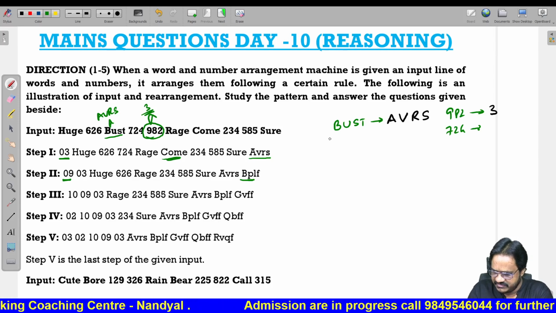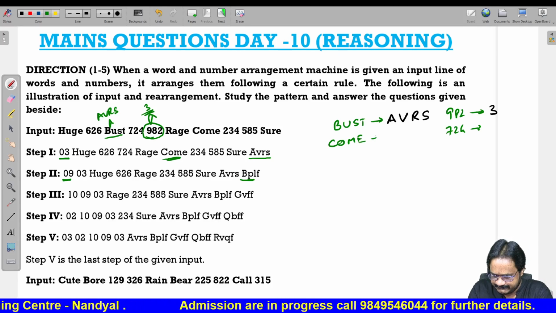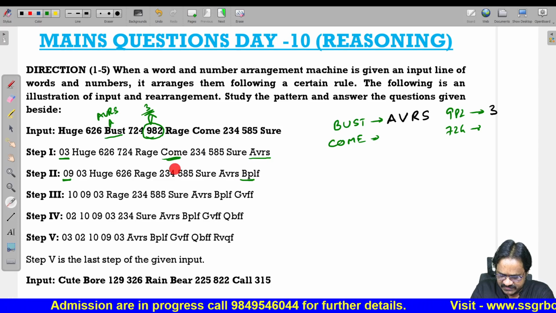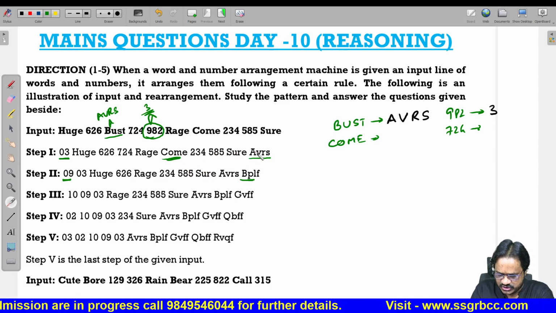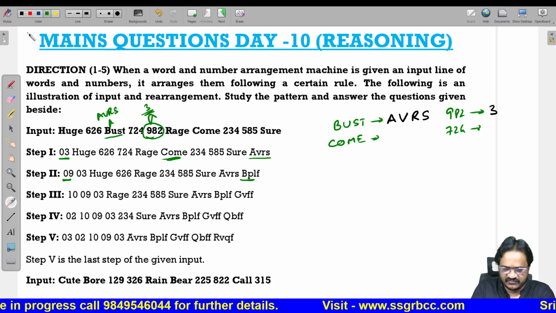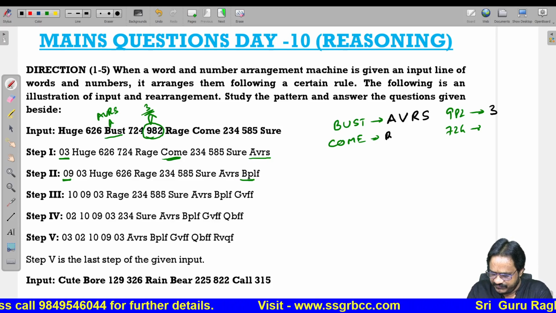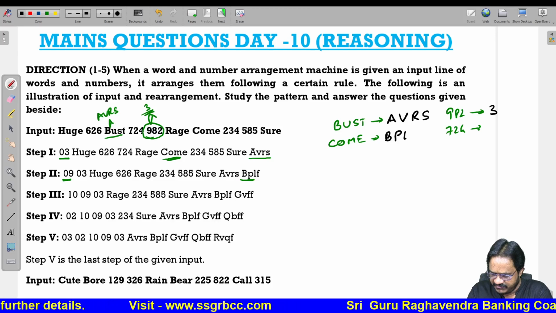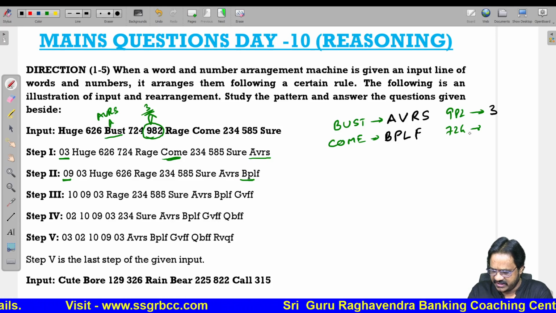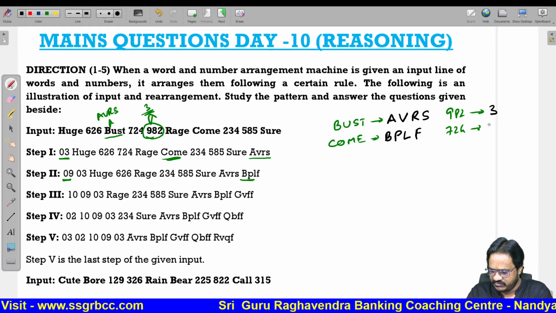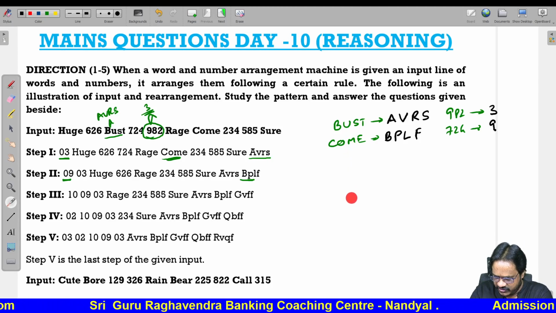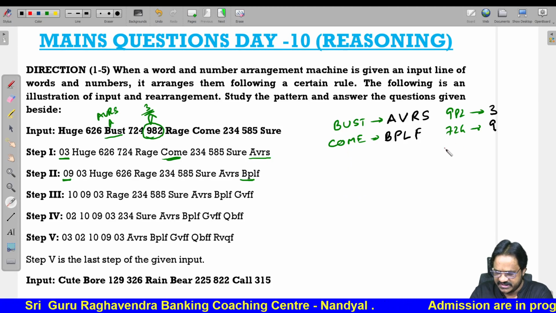Then 234, 585, sure, AVRS, BP, LF. Now, come: B; O next letter P; M previous letter L; E next letter F. 724: 7 plus 4, 11; 11 minus 2, 9. That means alphabets we are following in alphabetical order, numbers in descending order.